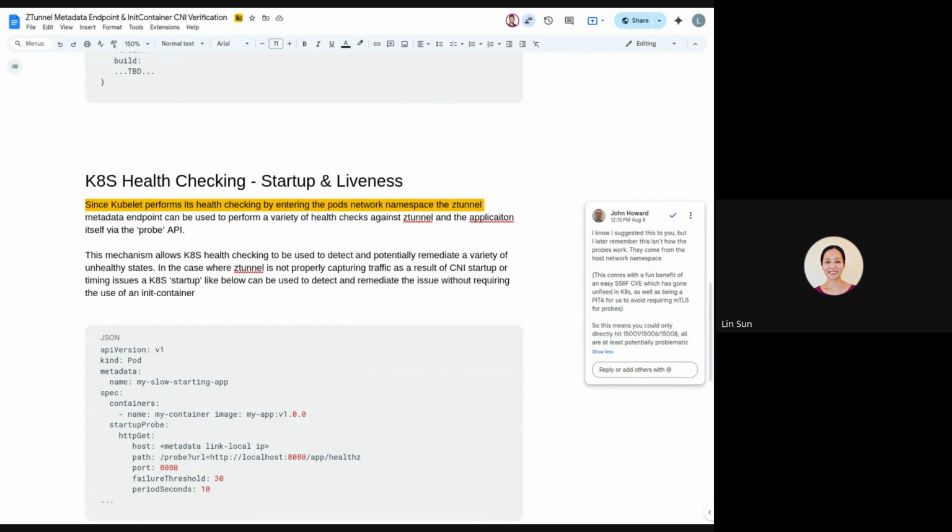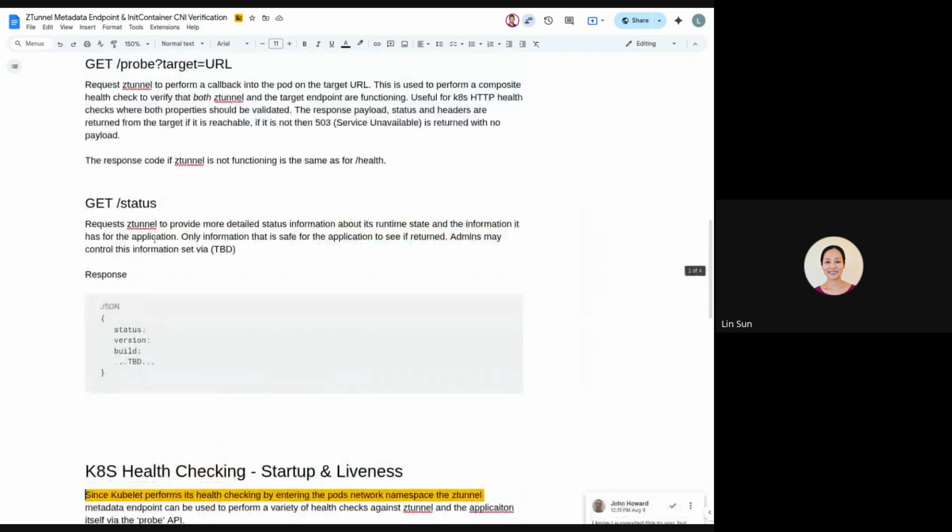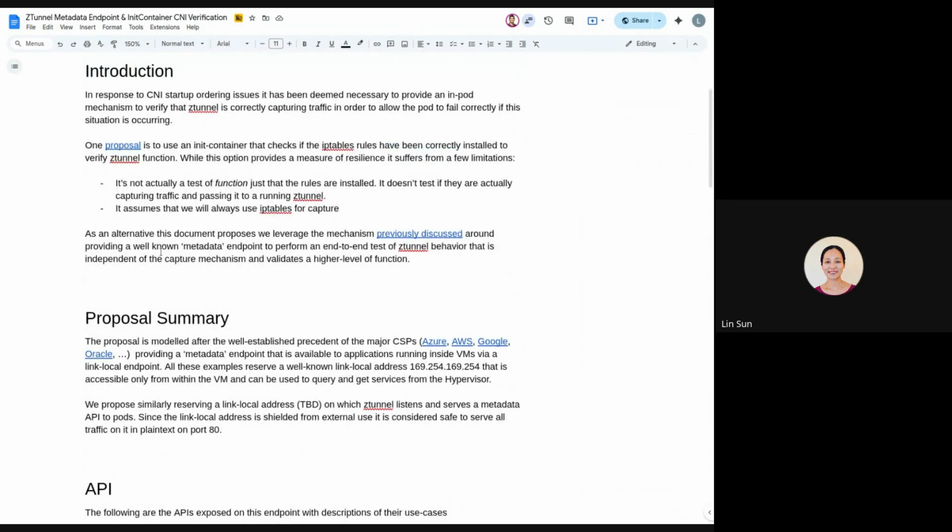So Louis, I guess a good thing about the proposal is you don't need actual permission for the pod in the init container, other than being able to check ztunnel's health check endpoint. And you just need network access to the link local IP address. And the other thing you noted is that if users are not using iptables for traffic redirection, that's another win for this too.